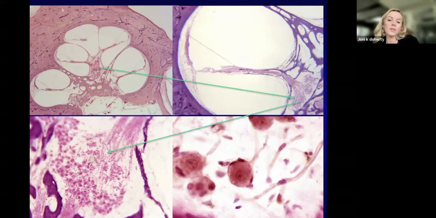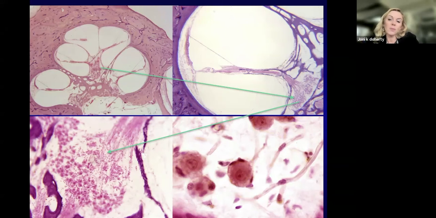This slide is showing the modiolus where the spiral ganglion neurons are. We can count the spiral ganglion neurons throughout the cochlea and correlate that with findings from the temporal bones, such as damage that has taken place, and also correlate it with cochlear implant performance.